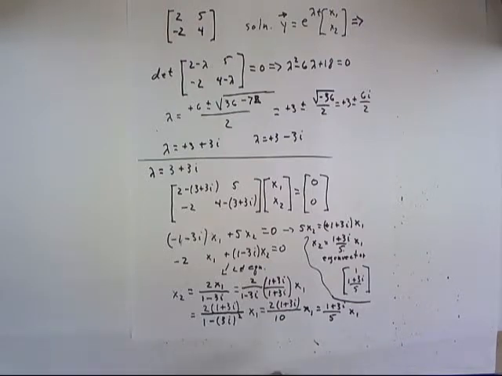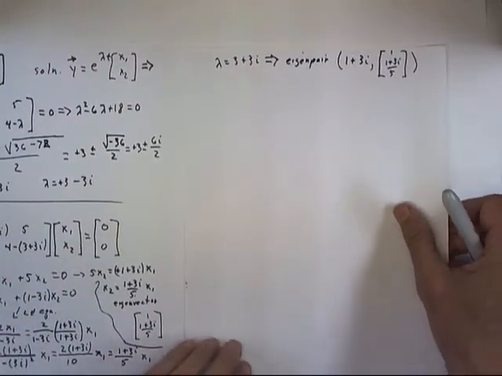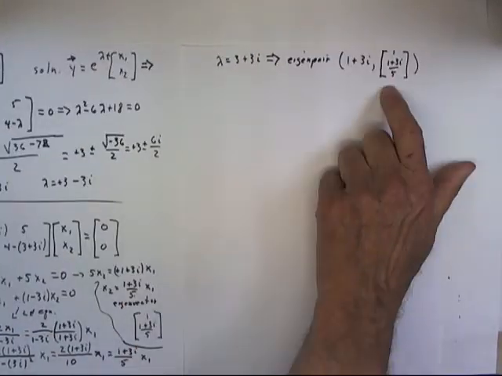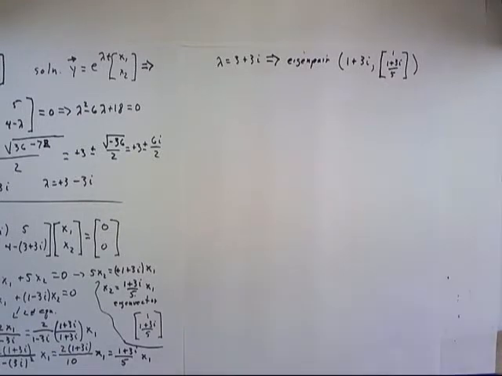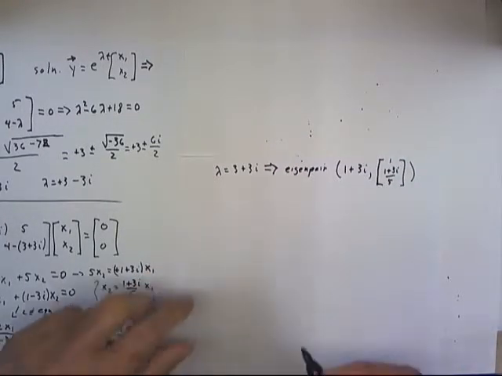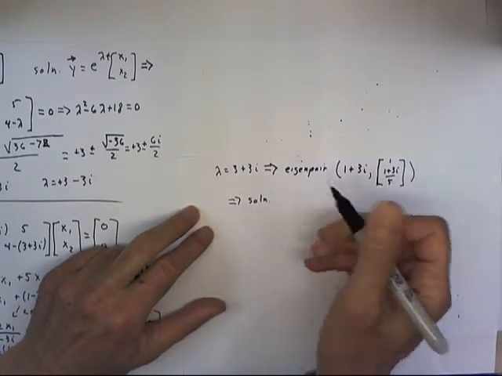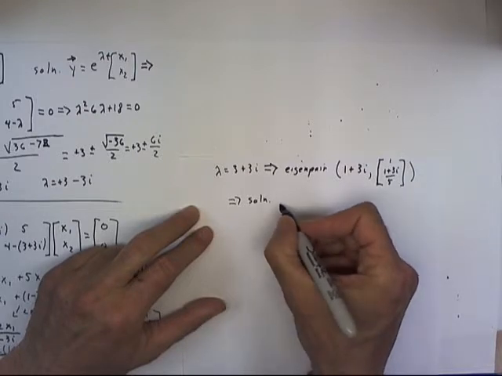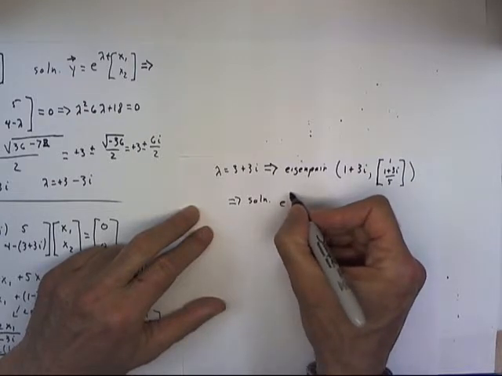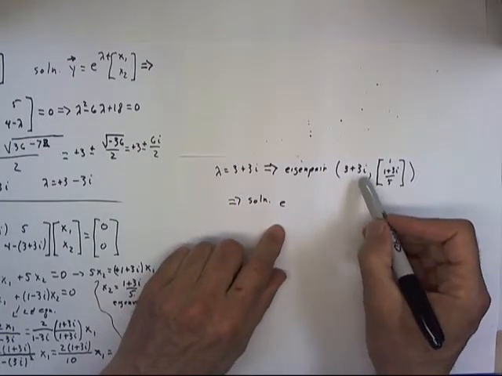So we've got an eigenpair. We've got an eigenvalue and an eigenvector. So let's write down that eigenpair. This gives us this eigenpair, and that eigenpair implies solution e raised to the 3 plus 3i.